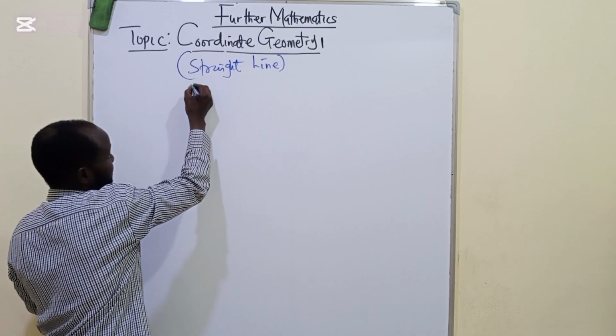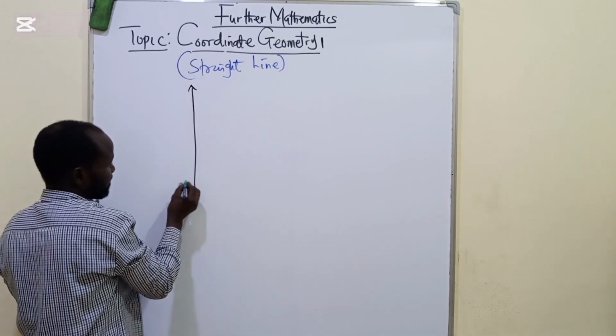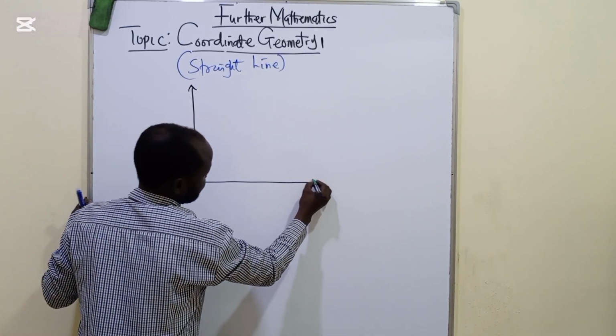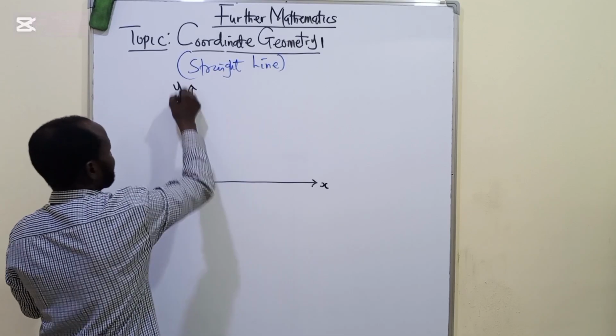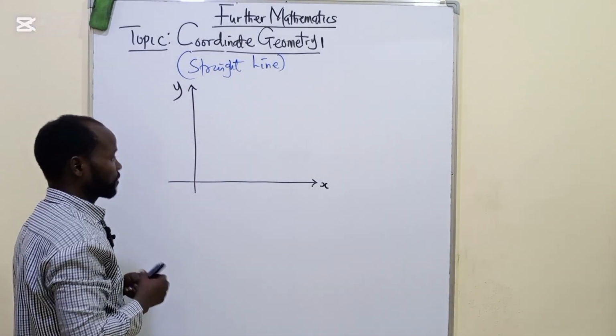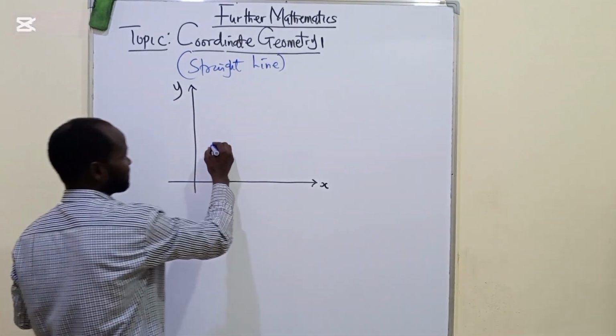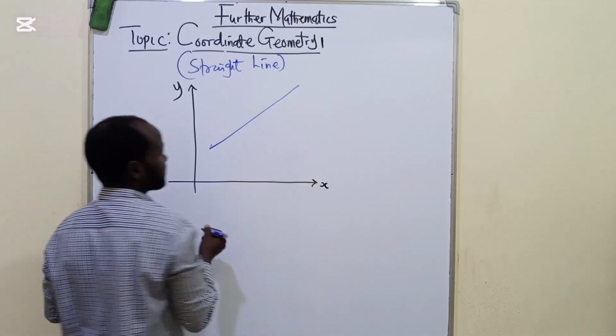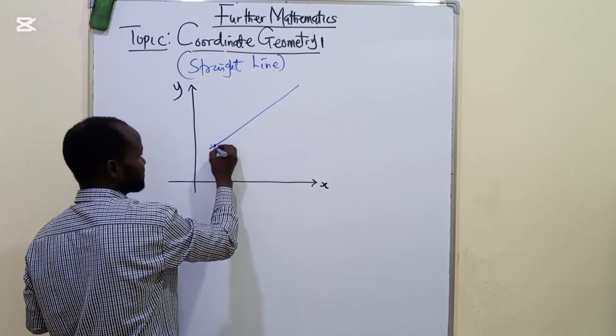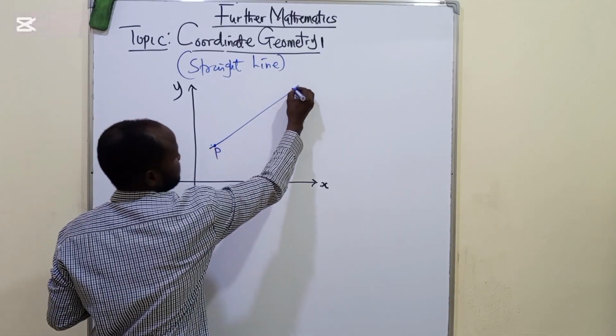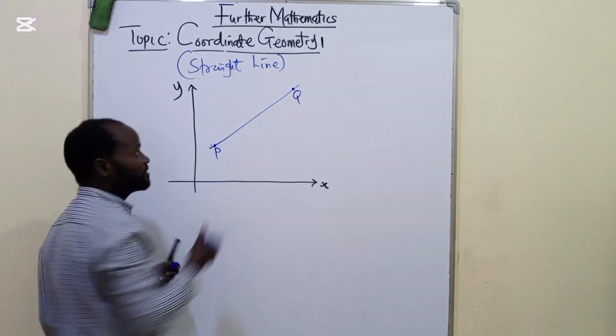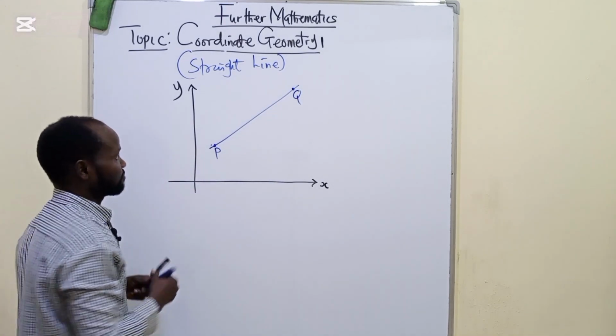Suppose we have our Cartesian plane as x, y like this. If we have a straight line like this, we can find the distance between, let's say, these 2 points here, P and Q. Very important.